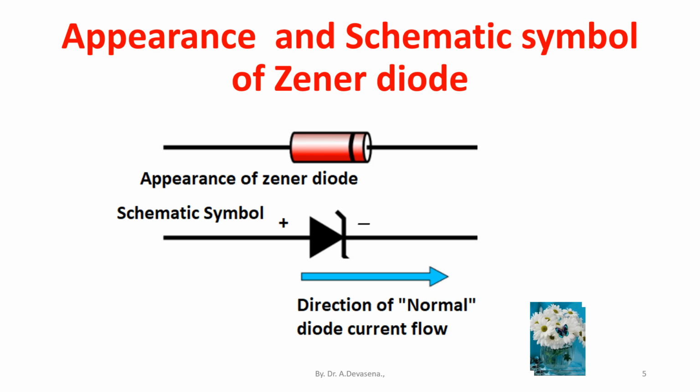The terminal which is nearer to the black ring is the cathode terminal and the other terminal is the anode terminal. The schematic symbol of the Zener diode is also indicated here. The plus symbol indicates the positive terminal and the minus symbol indicates the negative terminal. The direction of the normal diode current flow is indicated here.